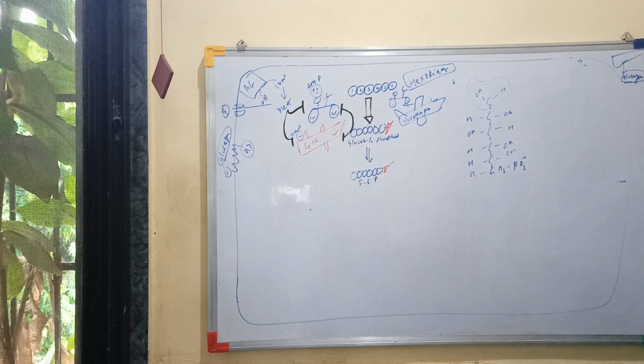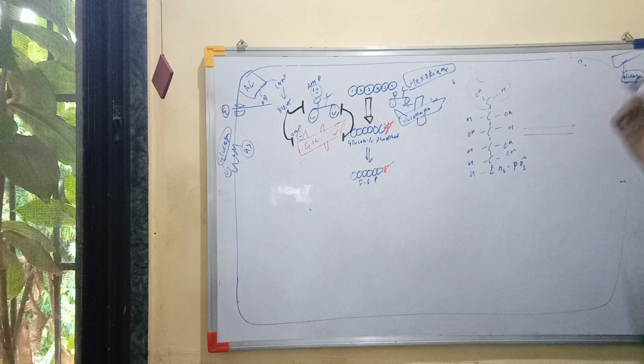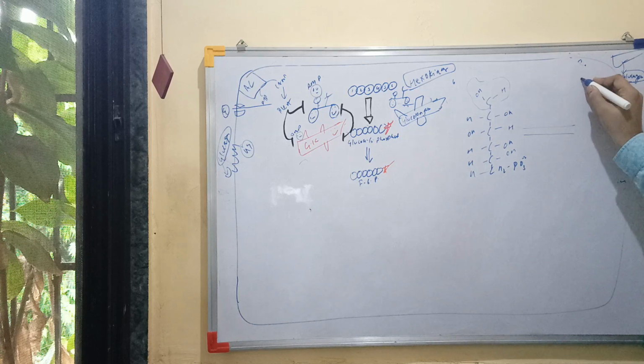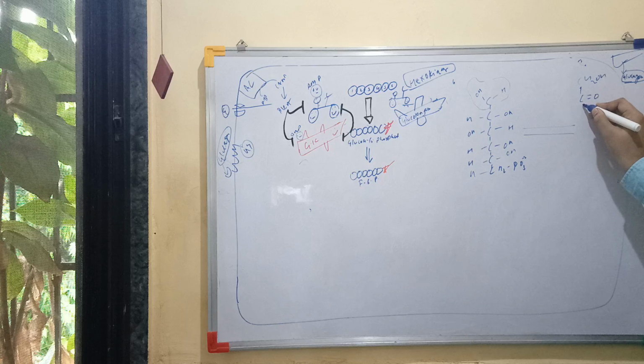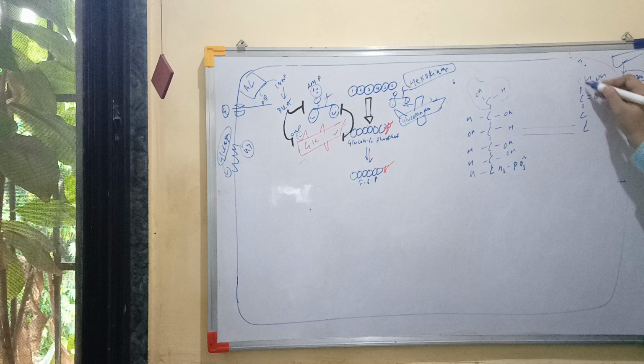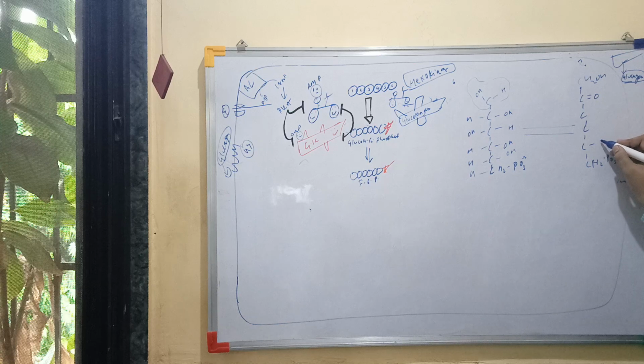Now what is happening in isomerization is one simple thing. This aldehyde group will be converted into a ketonic group. So 1 2 3 4 5 6, and everything else will not change much.